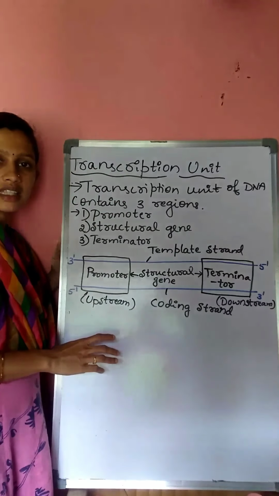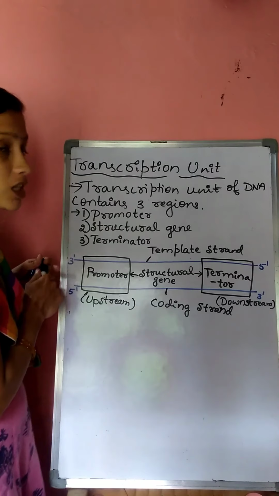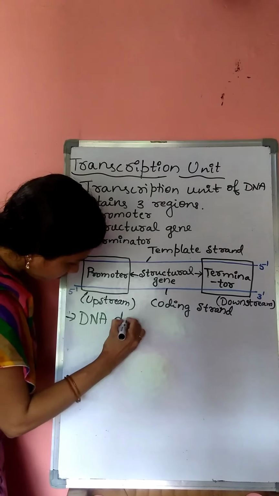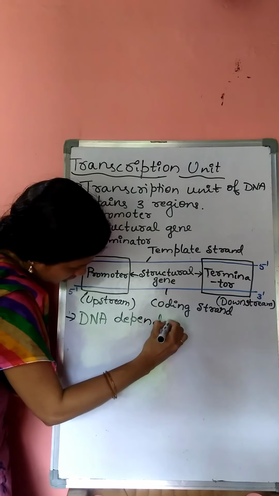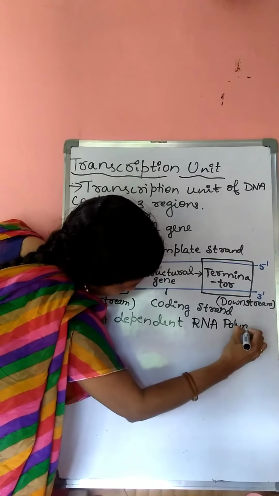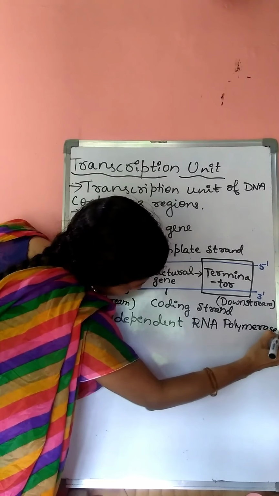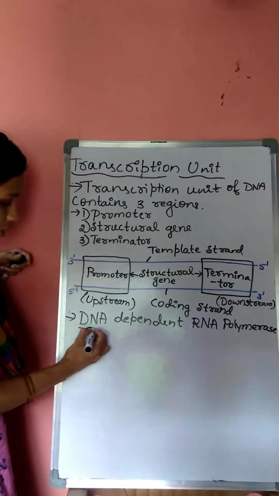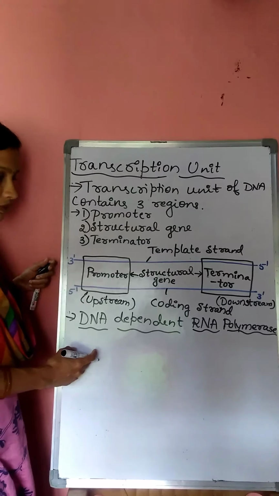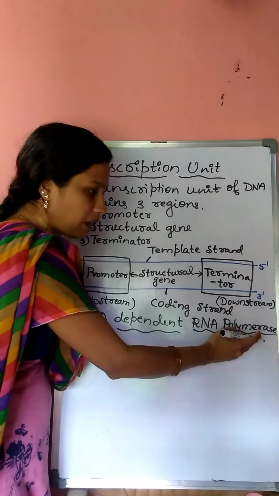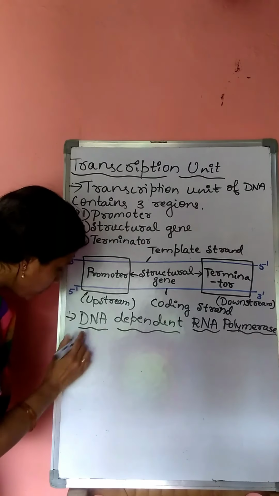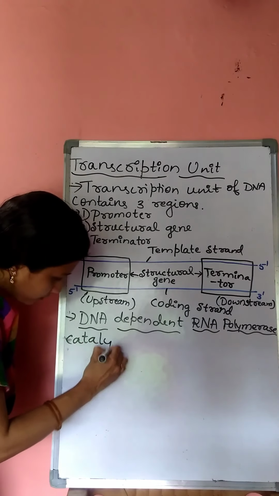But the enzyme which plays a major role during transcription is DNA-dependent RNA polymerase. It is the enzyme which catalyzes polymerization.